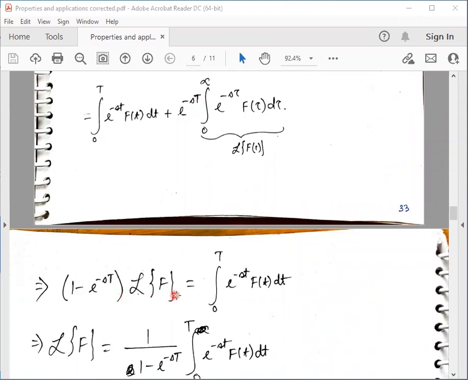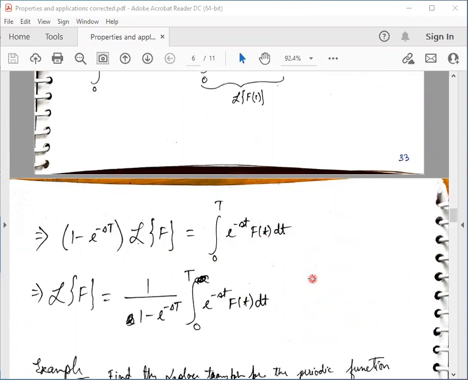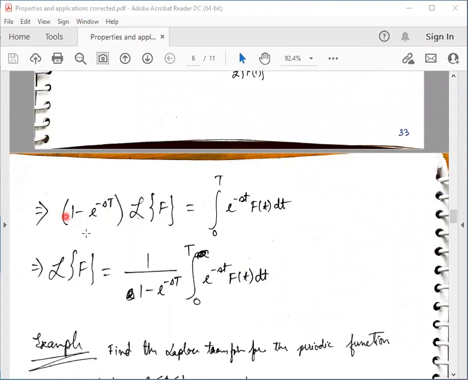1 minus e to the power minus st times the Laplace transform of f is the first term on the right hand side, which I have left untouched. So this is the integration from 0 to T of e to the power minus st f of t dt. So I divide both sides by this coefficient.